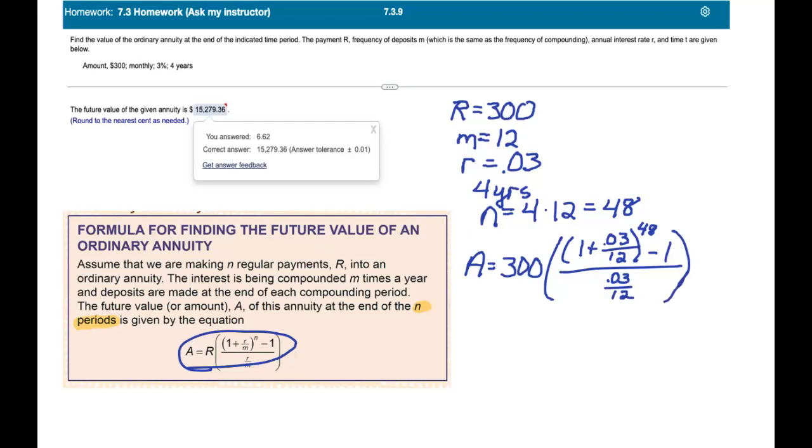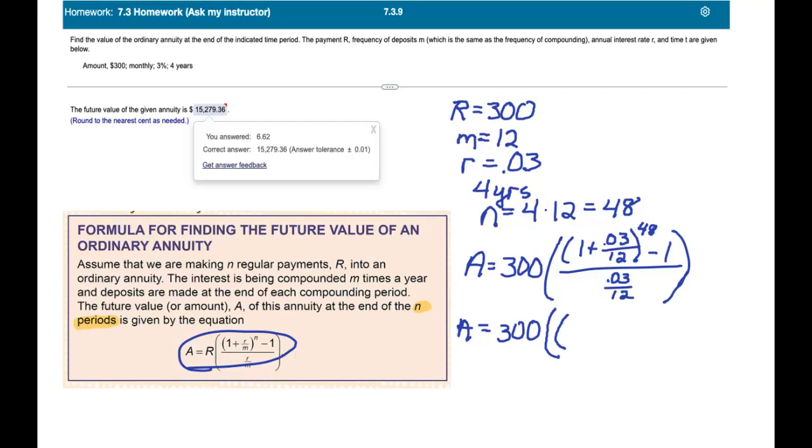So the rest of this, to solve this, is a matter of plugging this into our calculator. Now, sometimes students have a little bit of trouble with that, so I'm going to write down how it may look on your calculator screen when you type this in. What I would do is treat the, we've got 300 times this fraction here, okay? And within this fraction, we have a numerator and denominator. So I'm going to put a big parentheses around all of this, and then another parentheses just for the numerator.